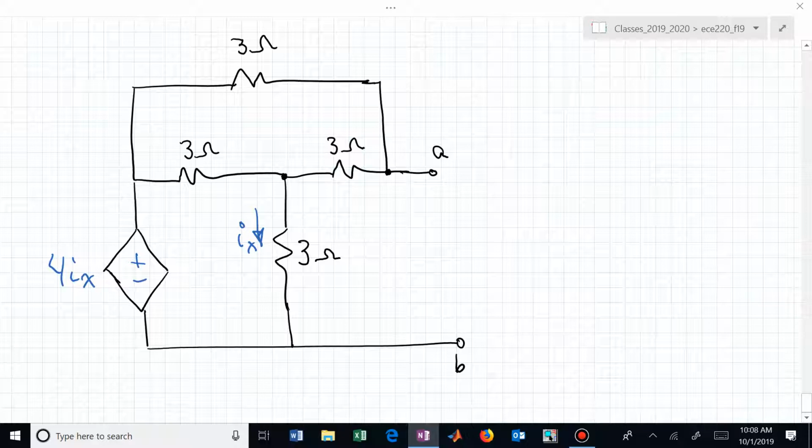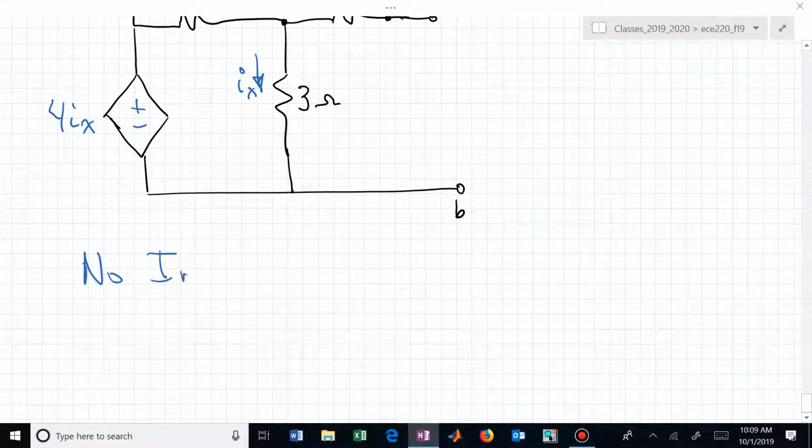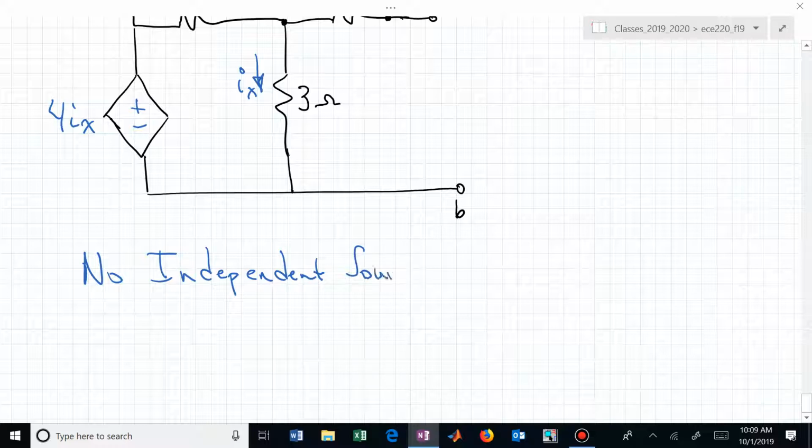So we now need to use what method? Method 2's out. Method 1's out. What method? Maybe method 3. We only have 3 and we just removed 1 and 2. This has no independent sources. It's really a circuit with resistors with a dependent source.